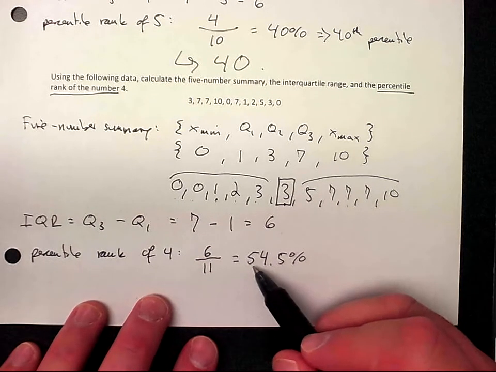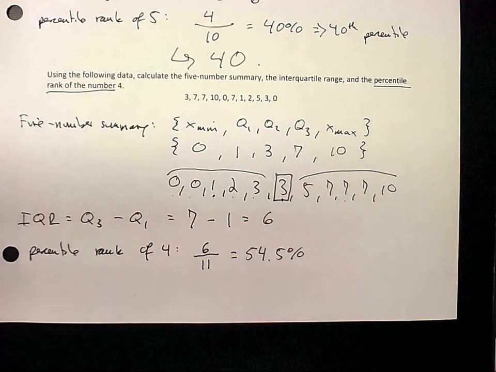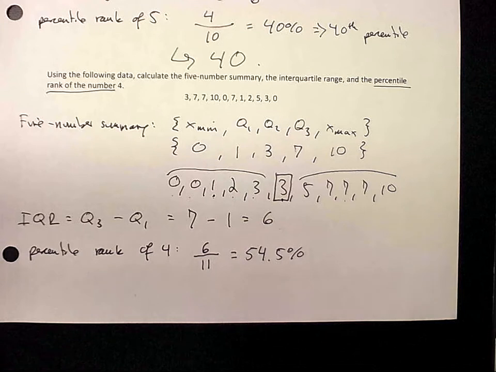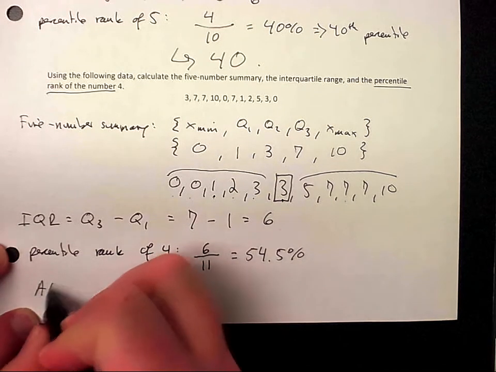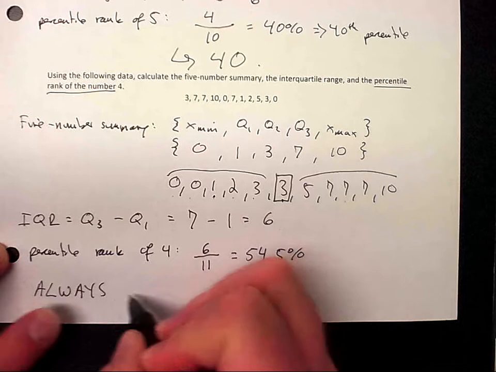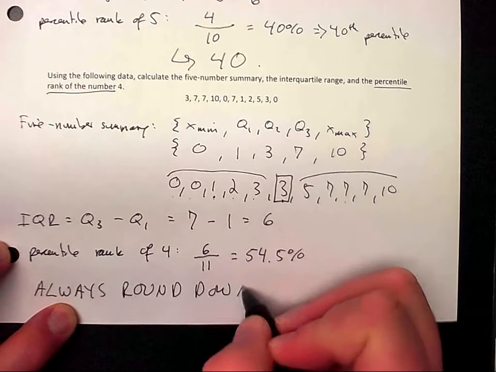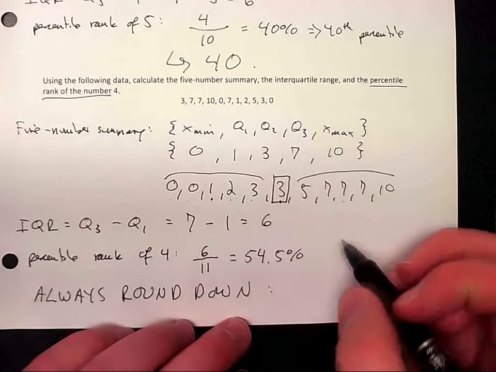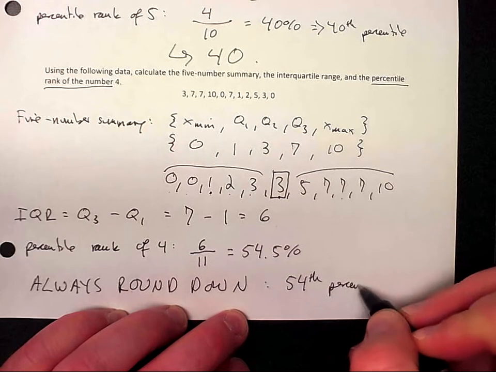Regardless if this would have been 54.99% or 54.2%, whatever the decimal place is, you always round down. So therefore, this is going to be the 54th percentile.